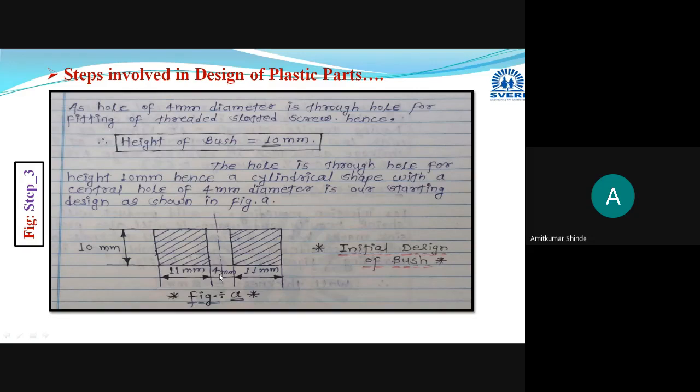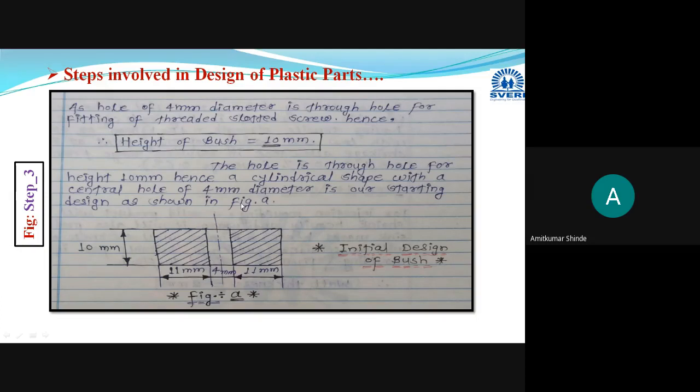For that we are going to calculate the stress acting on the single bush. Okay, to determine the stress, the formula will be load acting on a single bush divided by its area. Now area we can calculate from this initial design.